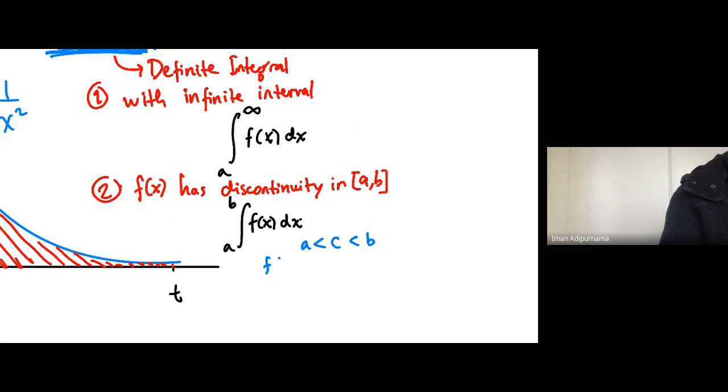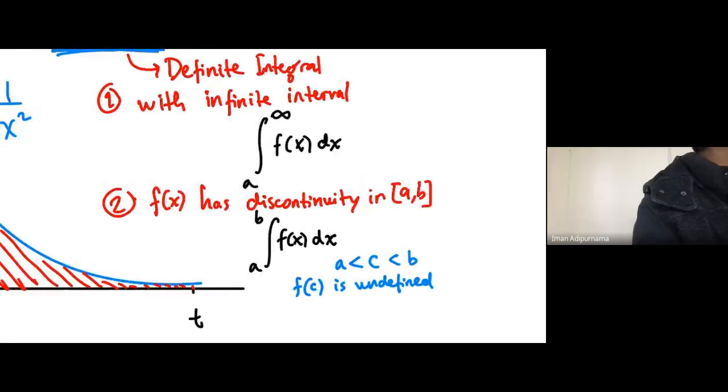And then f(c) is, let's say, f(c) is undefined. But in this section, because of these two cases, the infinite interval and the discontinuity, we need to approach the integration with some methods.